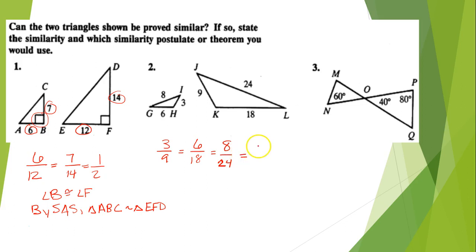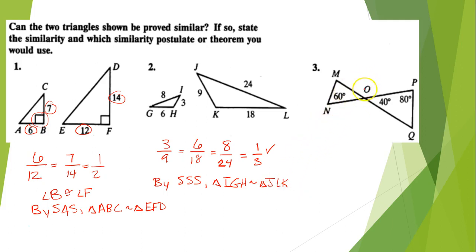All of these fractions reduce to 1/3. So we are good. So by side, side, side, triangle IGH is similar to JLK. And we're done with that one.